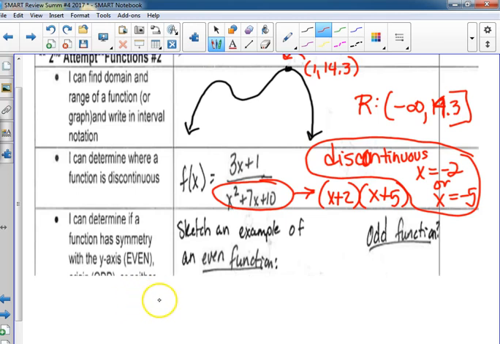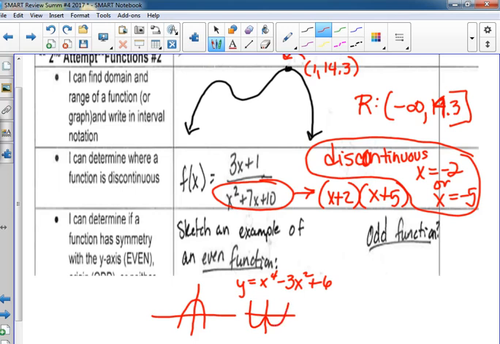Even odd, last time I felt like everybody was just guessing. If it was an equation, you seemed to be okay. Like an even function, maybe an x to the 4th and an x squared and a constant, right? Those were all even. But what did the graph have to look like to be an even function? Y-axis symmetry, okay? So this or this, kind of. We okay?